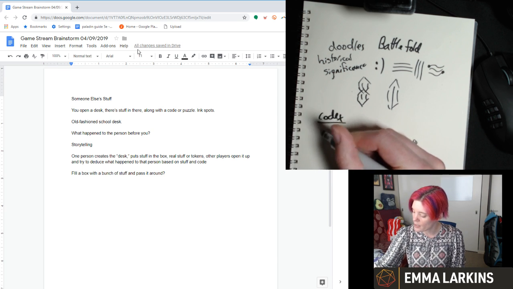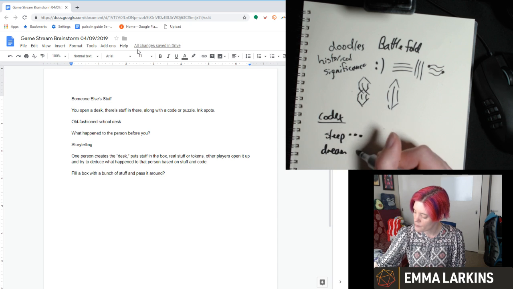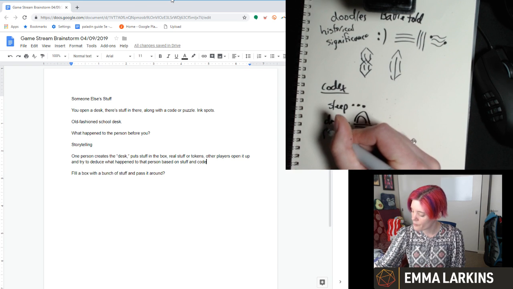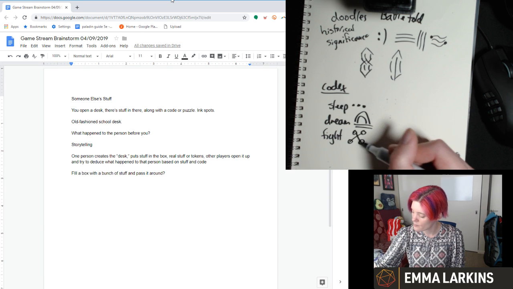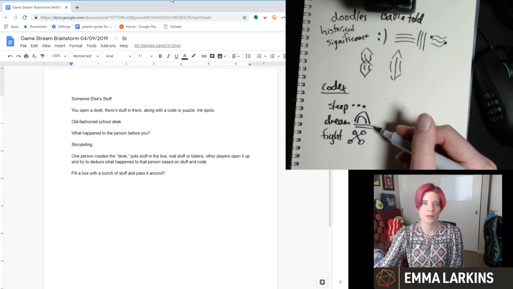An individual thing like sleep, dream, fight, we're gonna have a codex where you can break down the symbols, or is it more interpretive?